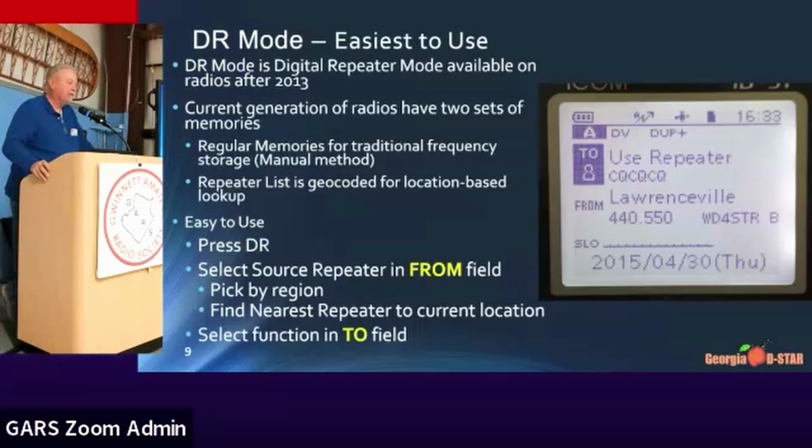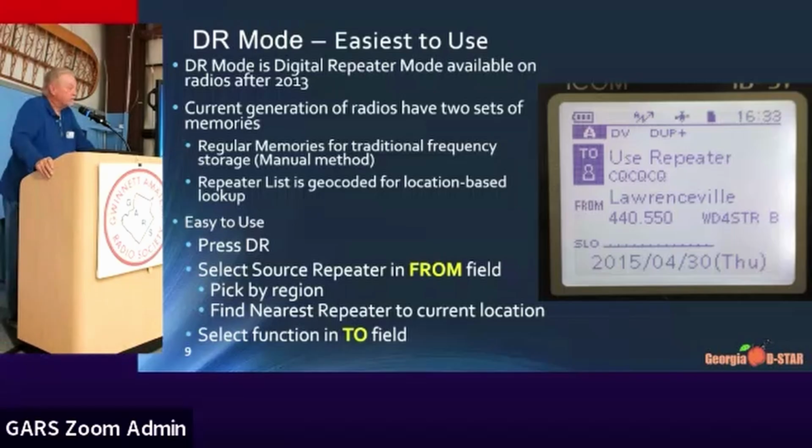So for example, if you get on the Stone Mountain repeater on the 2-meter version, it's linked to reflector 3 Alpha, the statewide network. So if I transmit with use repeater or use reflector CQ CQ CQ into Stone Mountain on the From, then I'm going to go out on that statewide network, wherever that repeater is connected, whatever reflector.